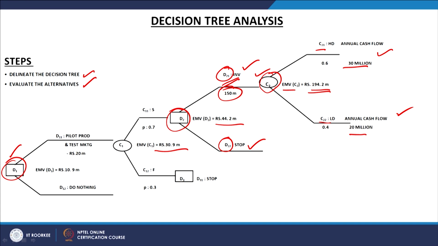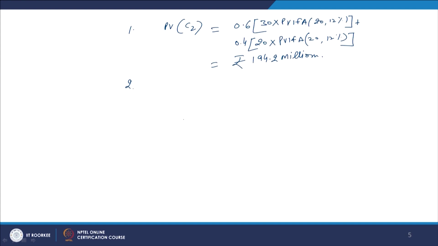So, you have to evaluate the decision alternative D2, and for that you have to follow the steps here. Put here the alternatives and the NPV. This is the present value of the cash flow, and now we are going to calculate the NPV.